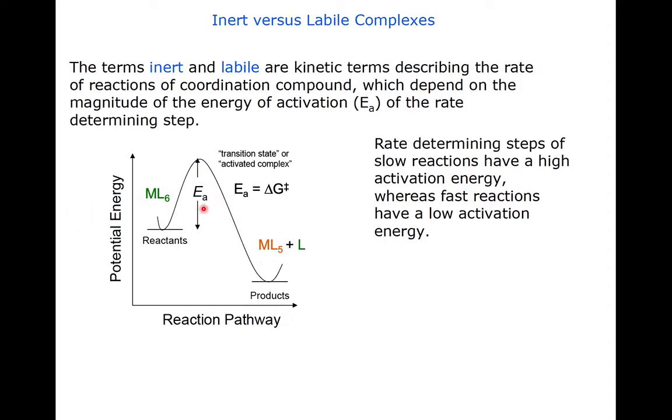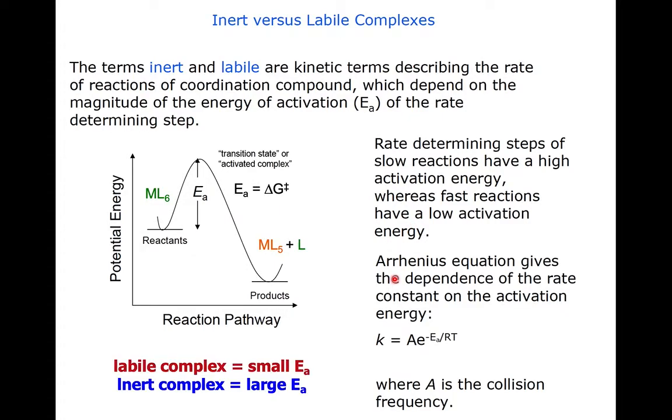So if this activation energy is large, the reaction will be slow. A labile complex will have a small activation energy, and an inert complex will have a large activation energy.